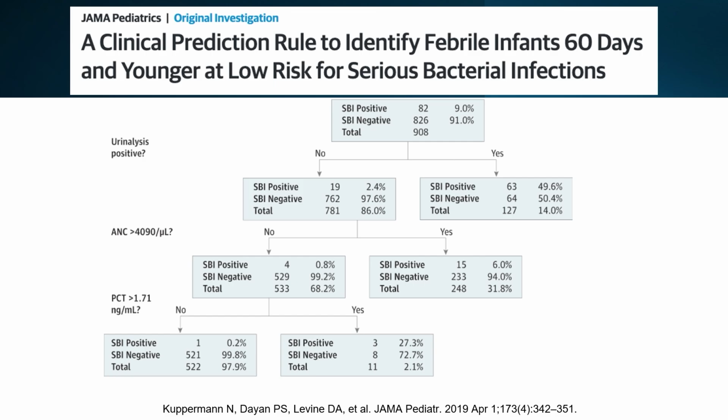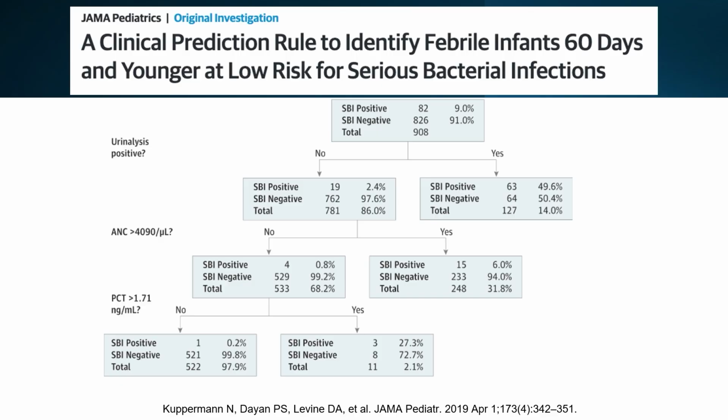So continuing down the tree, the way the algorithm works is it's greedy in the sense that it picks the best predictor, moves down, picks another predictor, moves down. So if you look at the individual leaves, if your absolute neutrophil count, which is sort of a reflection of the infection-fighting cells in the blood, is elevated, that gets you to 6%.